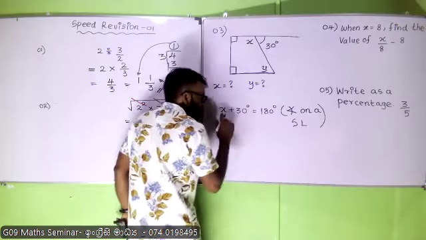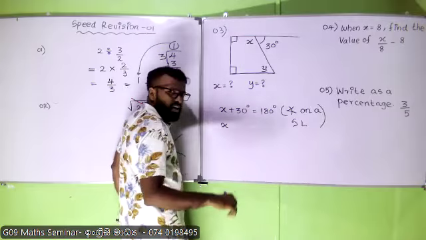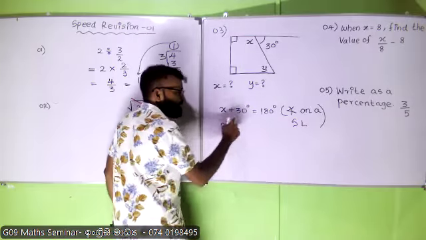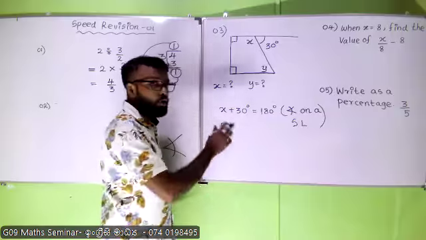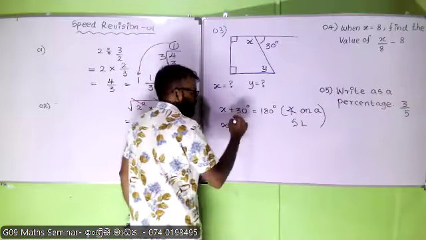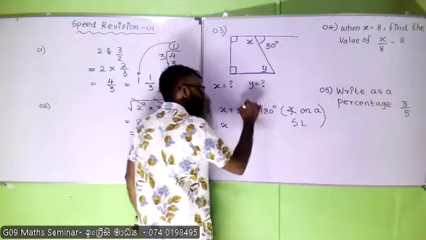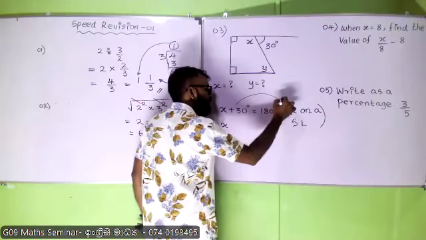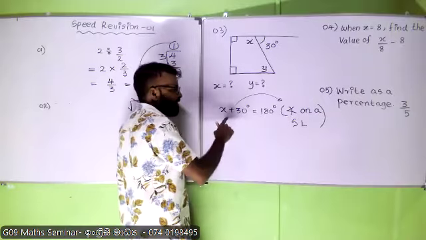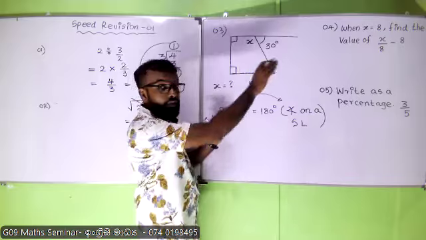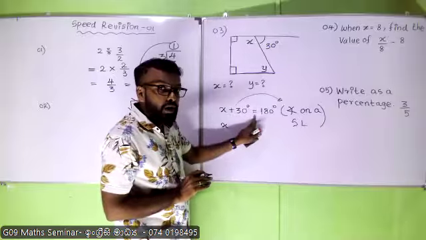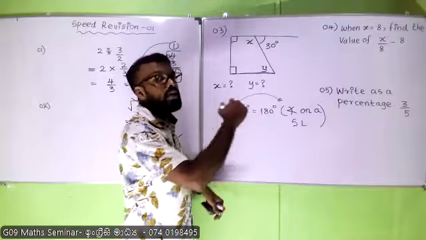Right. So now you are in grade 9. So this is plus 30. If you want to remove that, negate 30 from both sides. Or you can take this plus 30 directly to the other side. If this positive 30 goes to the other side of the equal mark, it automatically becomes negative 30.